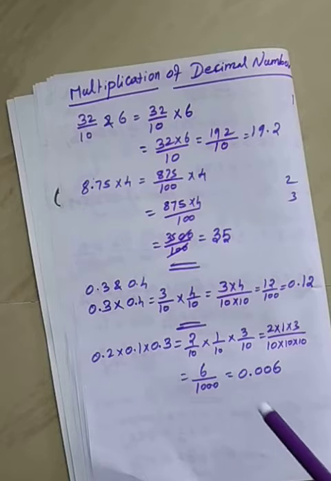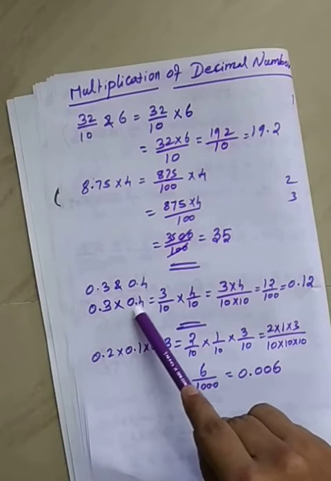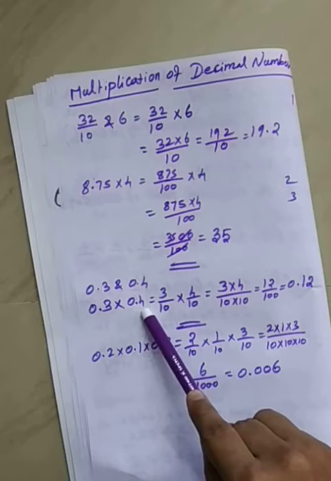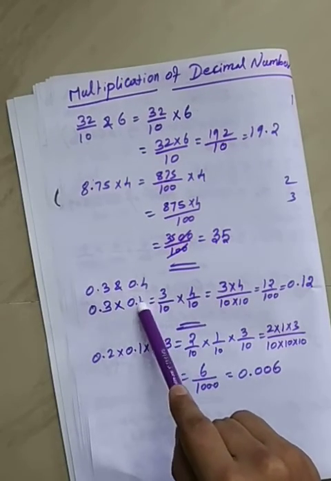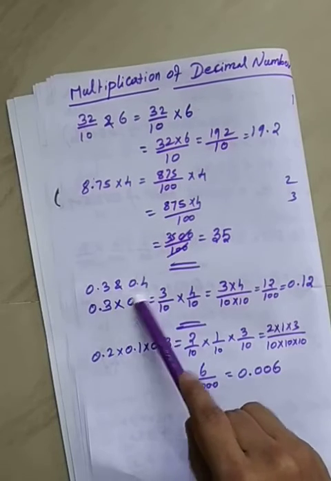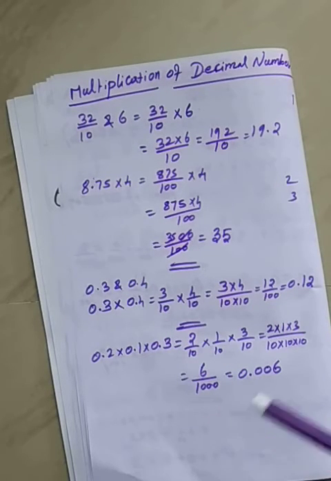That is 0.3 and 0.4, which is, see here, this is 1, here also 1. So 1 plus 1 equal to 2. Clear?